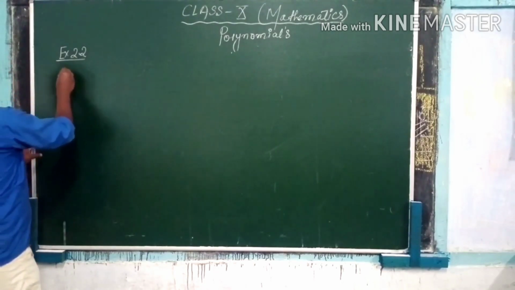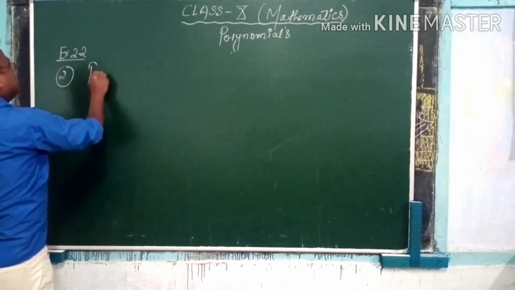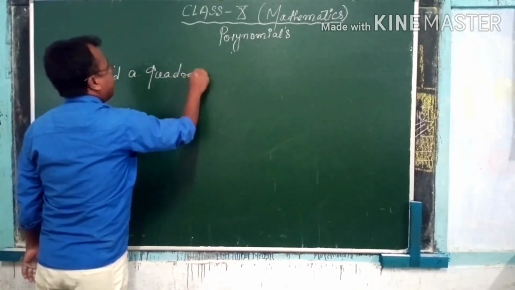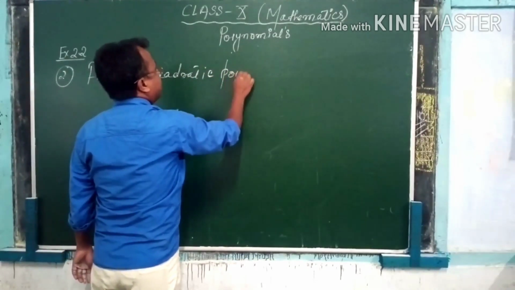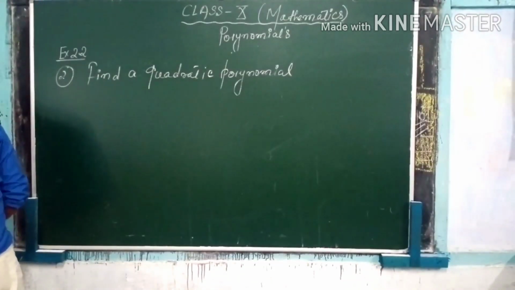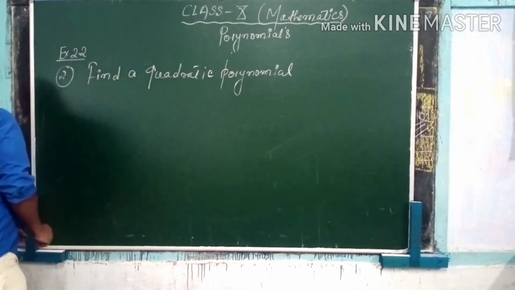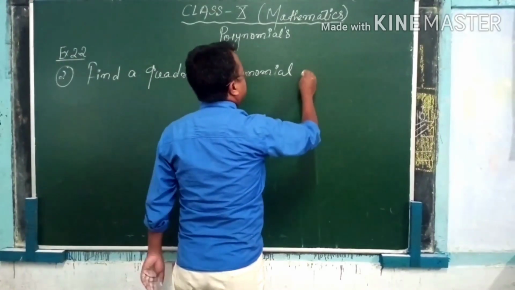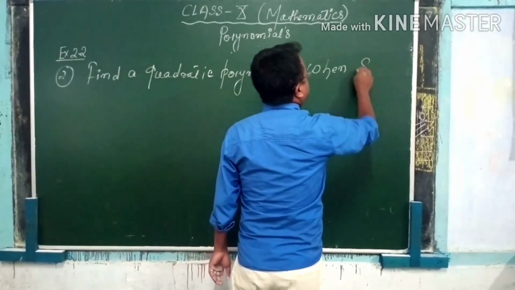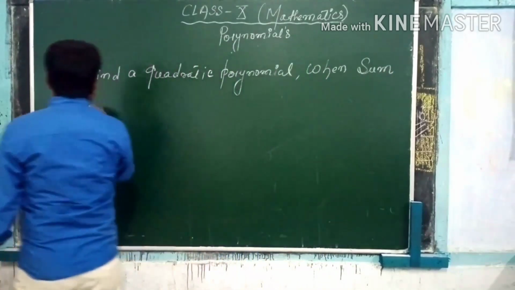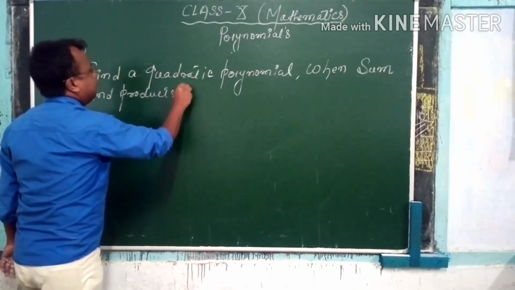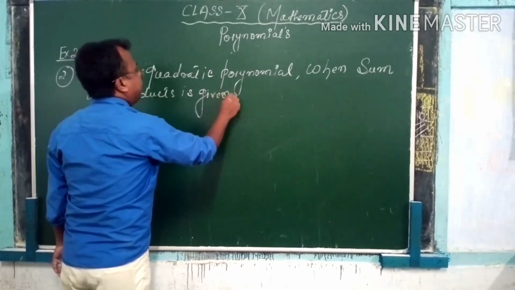So question number 2 is: find a quadratic polynomial when sum and product are given.